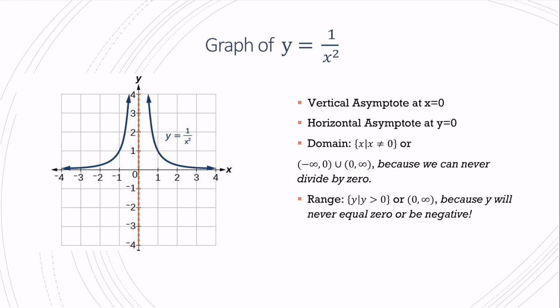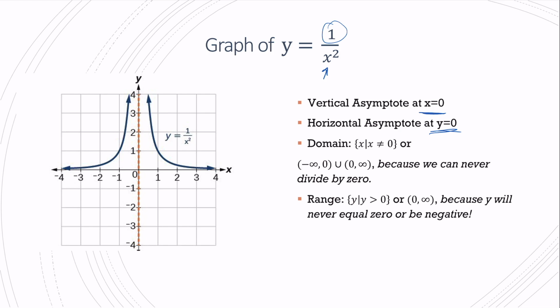Another function would be the graph of y equals 1 over x squared. Notice how our pattern, like our shape, changes in this case because x is squared. It means every time I square a positive, I get a positive, so it's never going to be negative. Again, I've got a vertical asymptote at x equals 0 because I can never set my denominator equal to 0. And since my numerator is a constant, it can never be 0 as well.